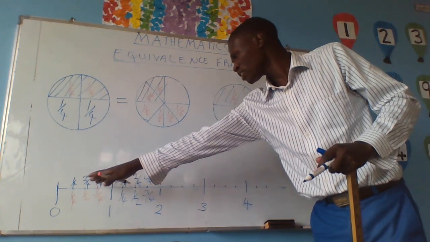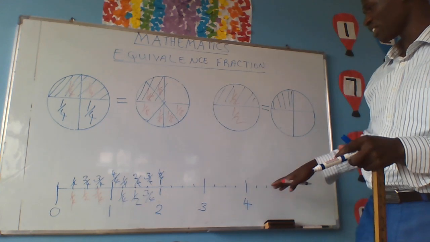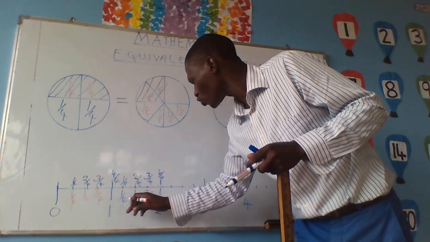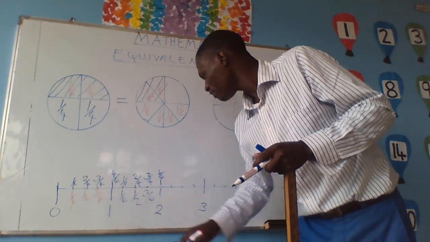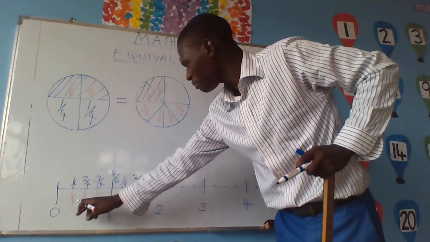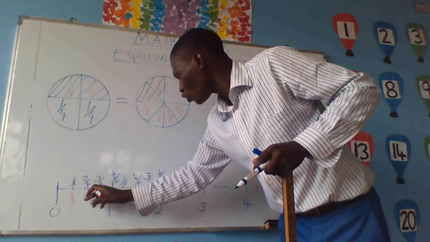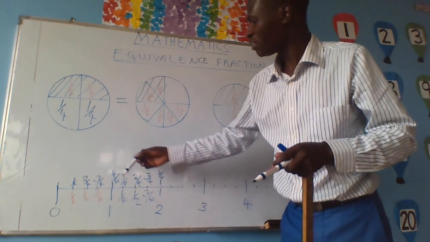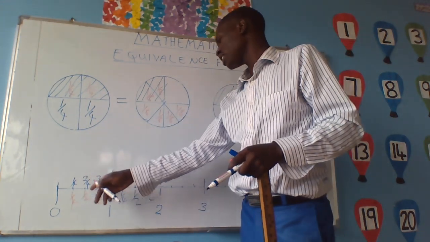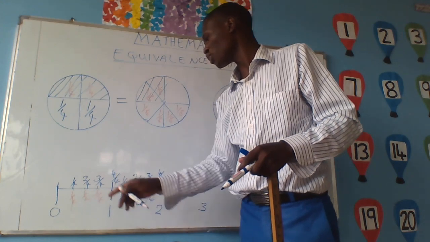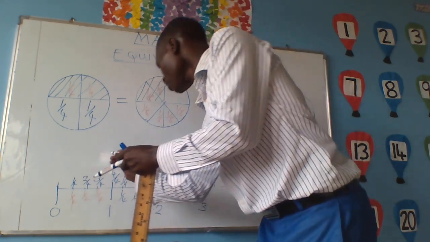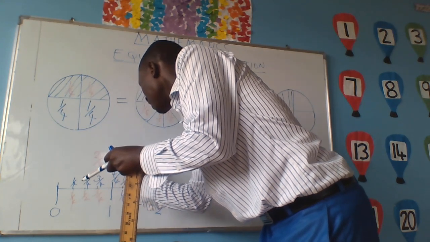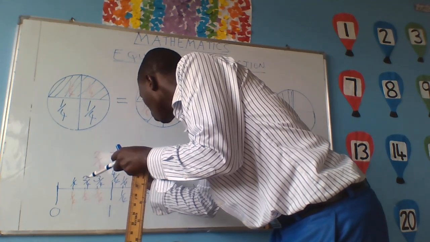The same as you proceed in this way. So this is the simplest way to find the equivalence. As you can see, this is equal to 1 and 1/4. The same here: 2/4 is the same as 1/2. Even if you simplify this one, you will get 1/2. So 2/4 is equivalent to 1/2.